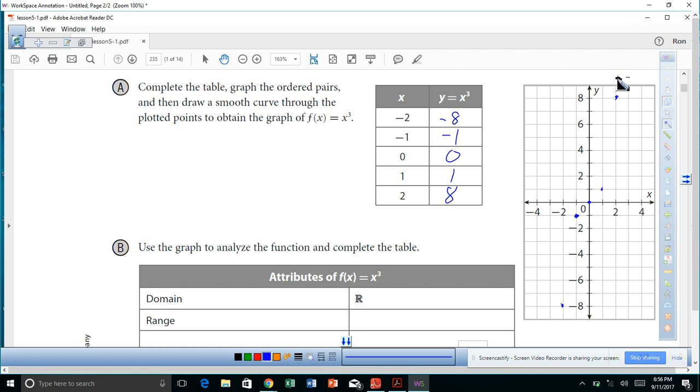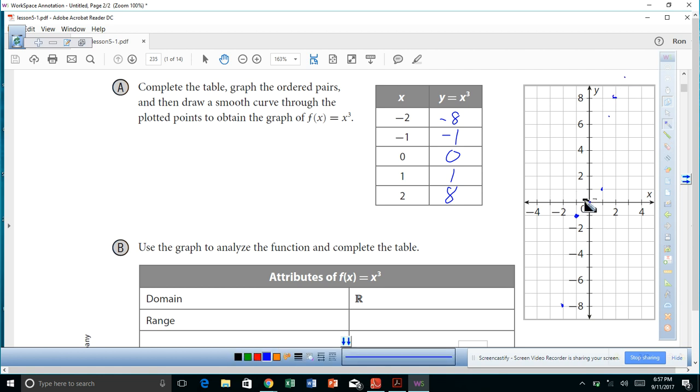And it graphs something like this right here. Kind of slid off there a little bit. Let's see.